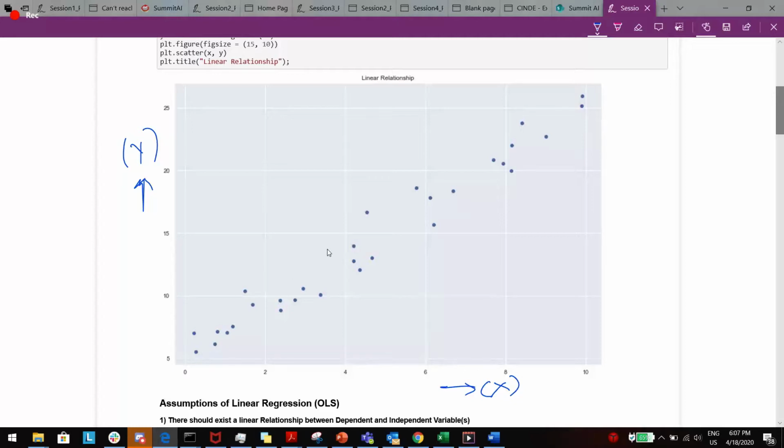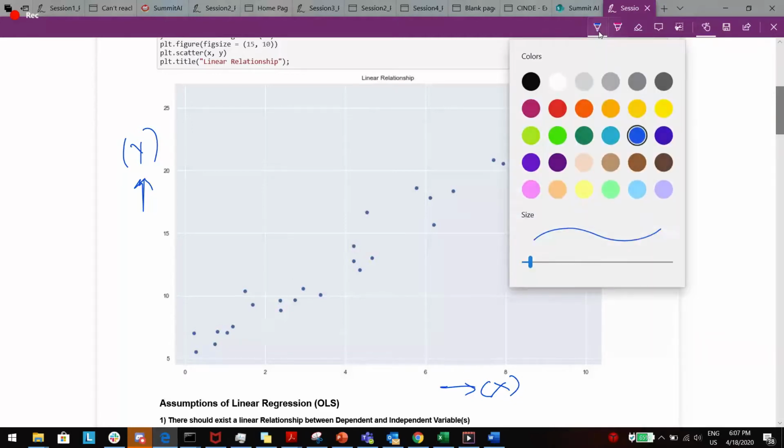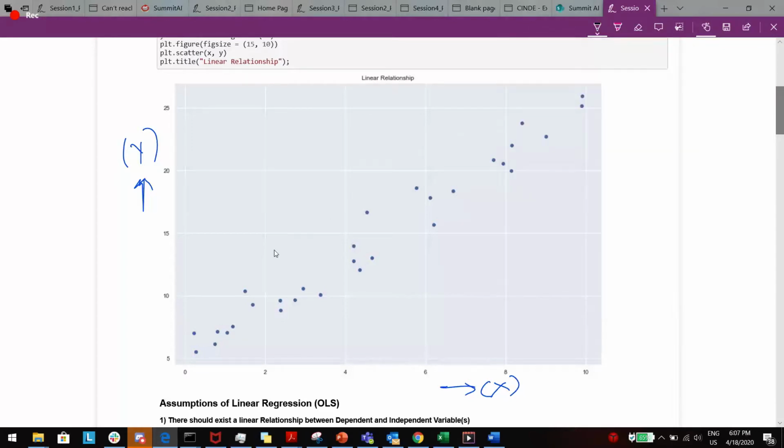Now I can draw a straight line. It's not exactly straight, apologies for that, but we can say this could be one of the functions that can determine the relationship between x and y.